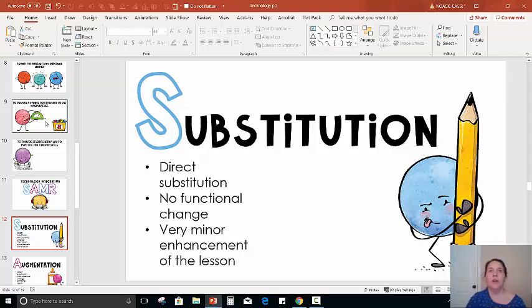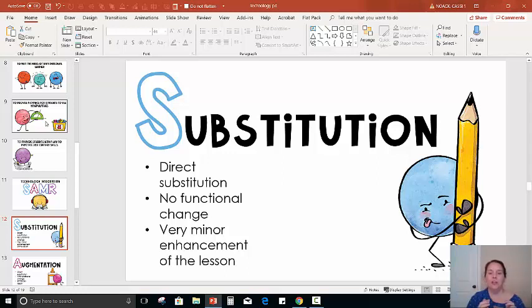So think about how we would communicate before we had email. We would either send a fax, or before that we would even just write a letter and have it delivered through the mail. So now with the invention of email, even though it is a direct substitution, the use of the technology makes us able to complete so much more.